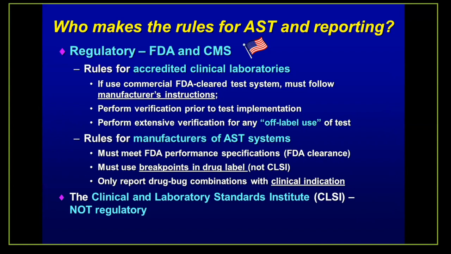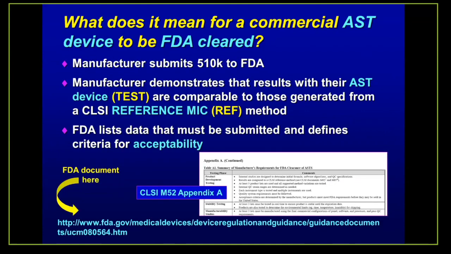CLSI also has recommendations for AST and reporting, but they are not regulatory. What does it mean for a commercial AST device to be FDA cleared? It means that the manufacturer has submitted a 510(k) to the FDA.